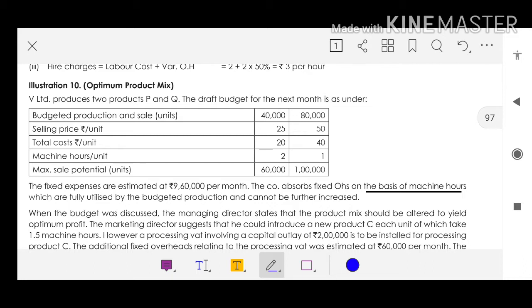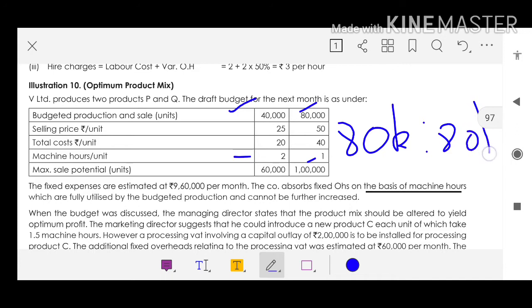That is, we have to consider the total machine hours. For that you multiply 40,000 units into 2 hours, you will get 80,000, and 80,000 units into 1 hour, that is 80,000.